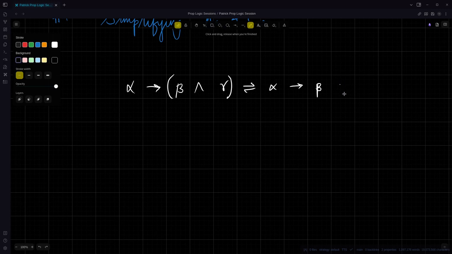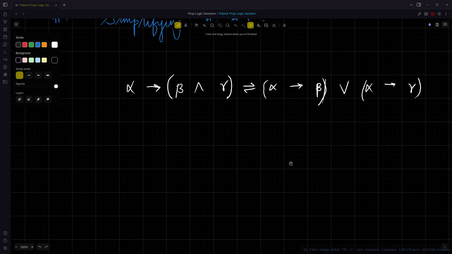So alpha implies beta or alpha implies gamma, yeah, something like that.